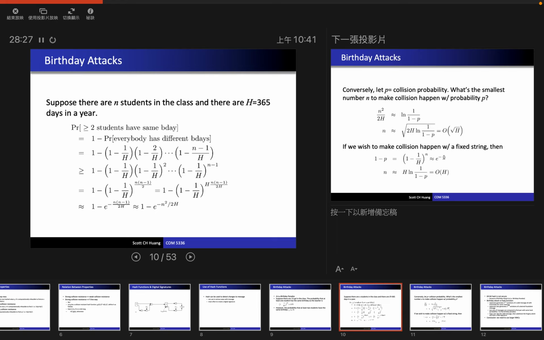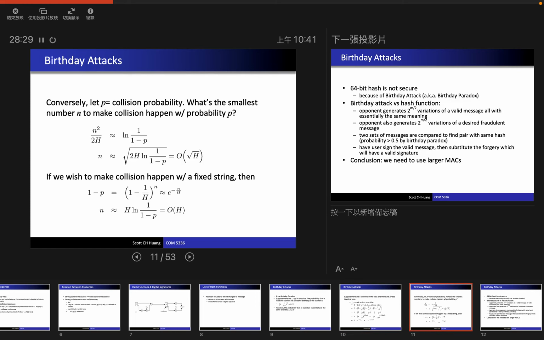So the probability is P. Now we solve this equation: we move this e to the left, and then move p to the right, and then we get this.